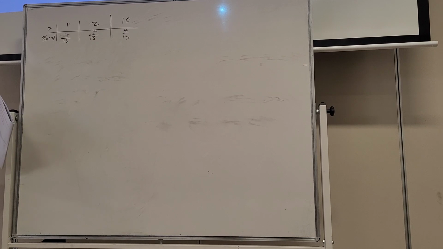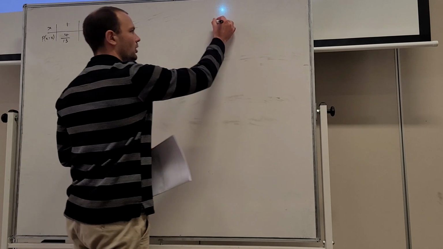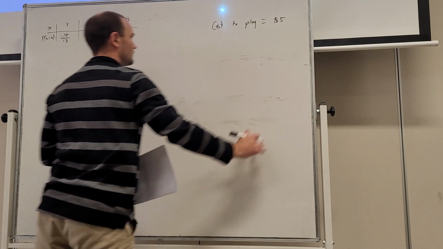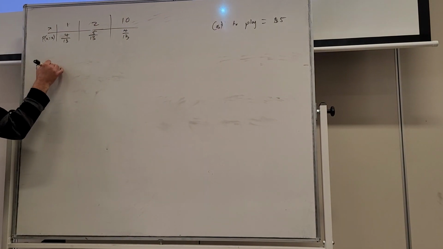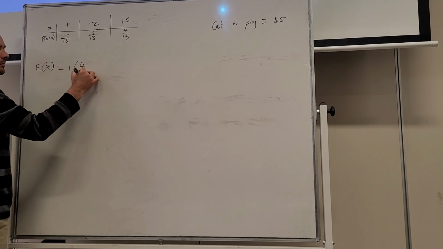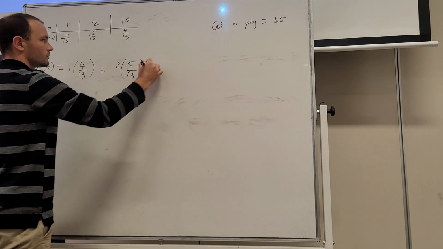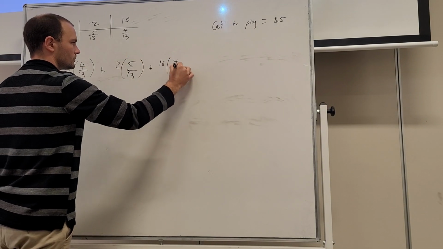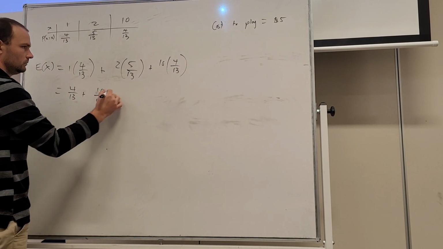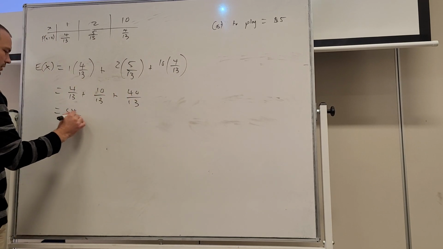To test if the game is fair, we ask, does E of X equal the cost to play? So the cost to play here is $5. Let's calculate E of X. So each event multiplied by the probability of that event, added together, over 13.